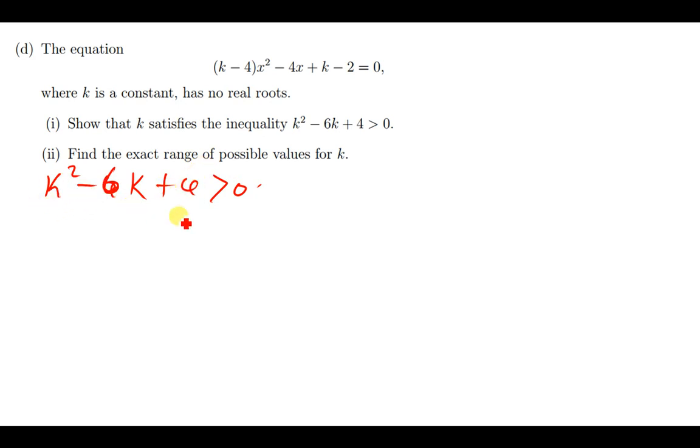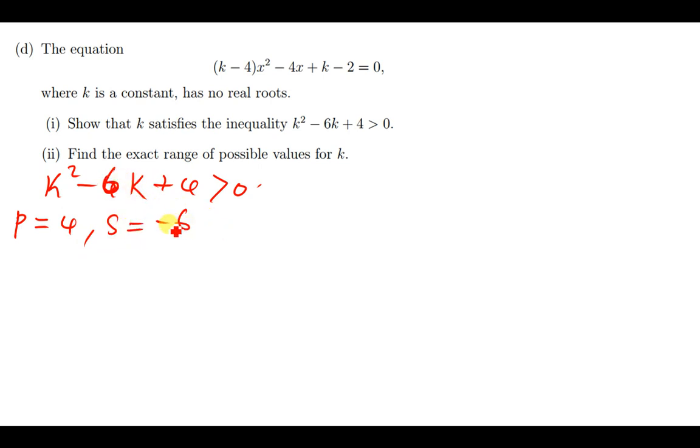We have been taught to solve this, so we're going to find the factors. The product is found by multiplying the coefficient of k squared, which is 1, times positive 4, which gives us 4. Then the sum is simply negative 6.